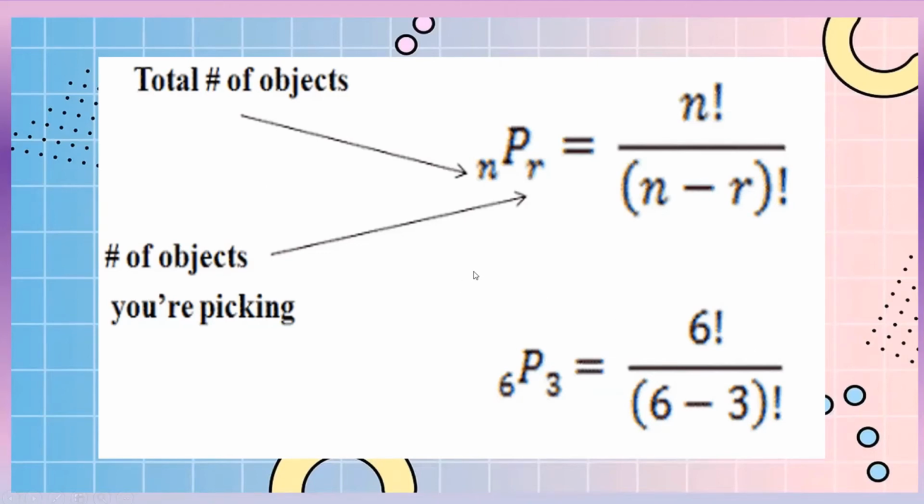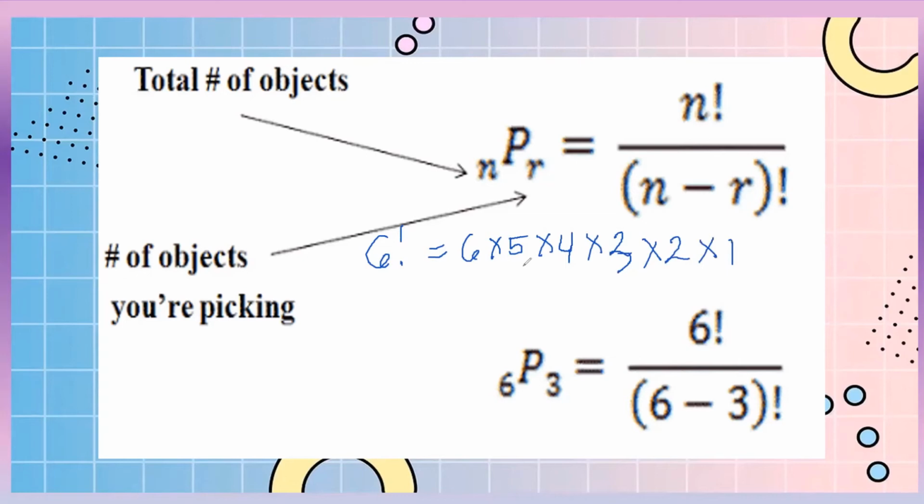Okay, be sure you have calculator with you. Let's solve this. But before that calculator, this is how you will solve this. Ayan. So, when we say factorial, when you see 6 factorial, it's the same as 6 times 5 times 4 times 3 times 2 times 1.